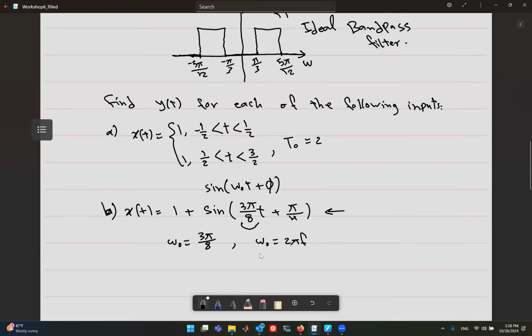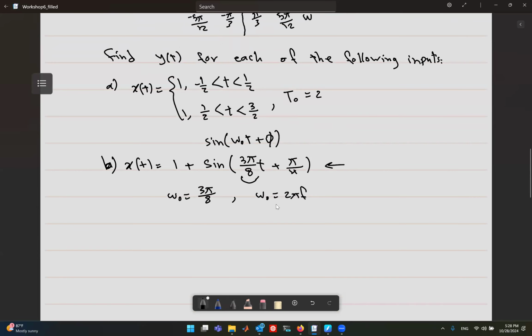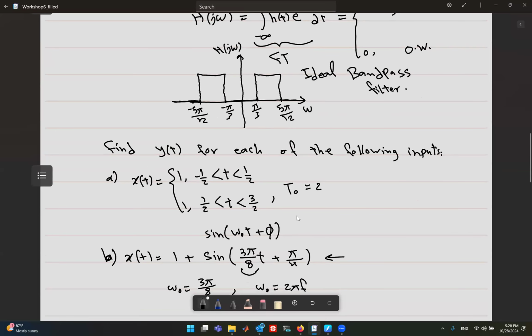So you should do this kind of thing whenever you have time: try to expect what will happen if this is the input. The behavior of the system is completely described by this figure. And you can also see this if we move from the time domain to the frequency domain.